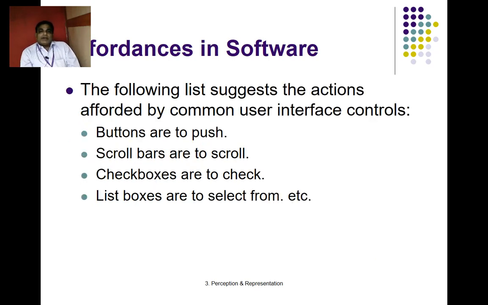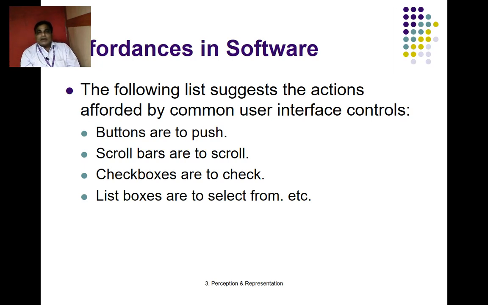For affordance in software, the following list suggests the actions afforded by common user interface controls. Buttons are to push, scroll bars are to scroll, check boxes are to check, list boxes are to select one choice from the displayed choices.